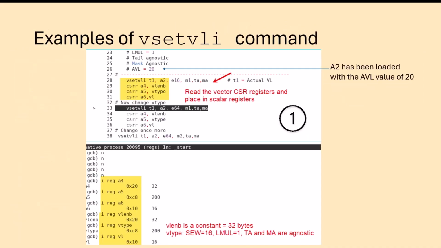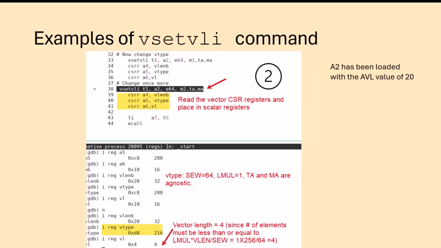vsetvli command. This code snippet shows in GDB the results of the CSR registers after the vsetvli command has been executed. The CSR read instructions illustrate how to store the CSRs into the integer registers. The first command returns a vtype value of hex C8 and a vl value of 16. This next example returns a vtype value of hex D8 and a vl value of 4.